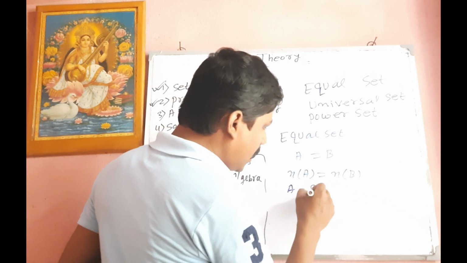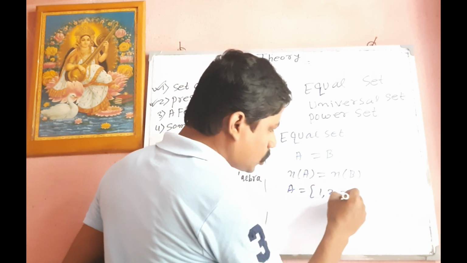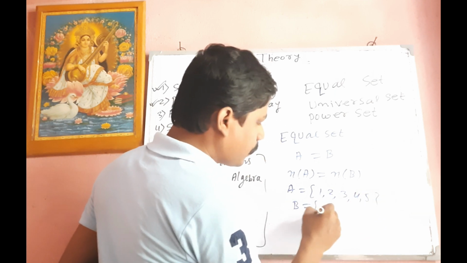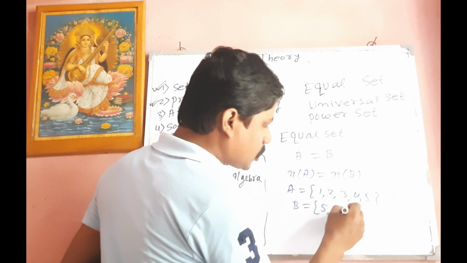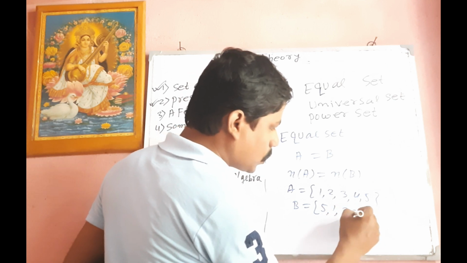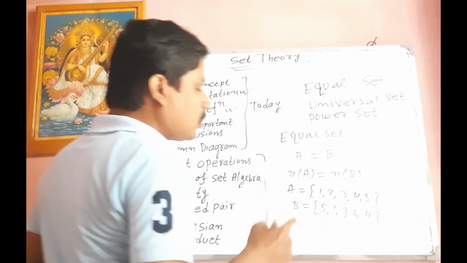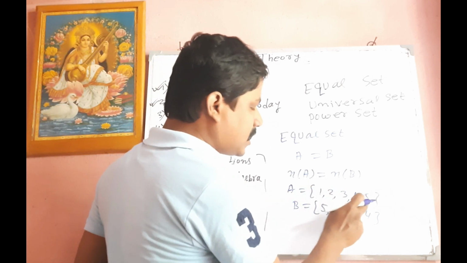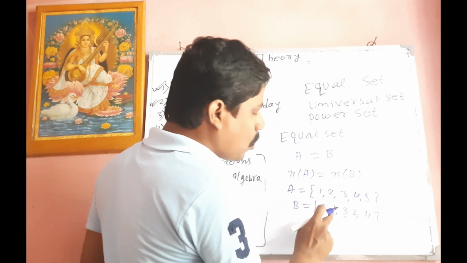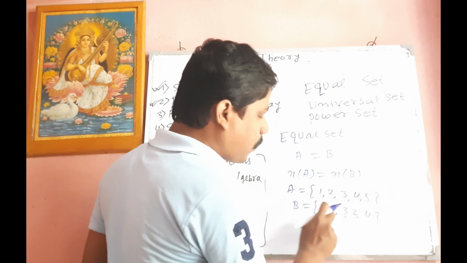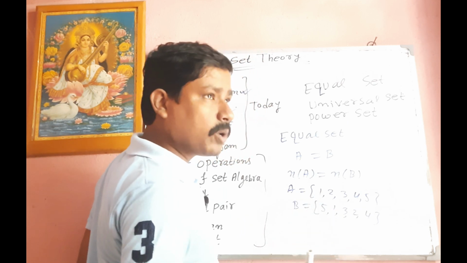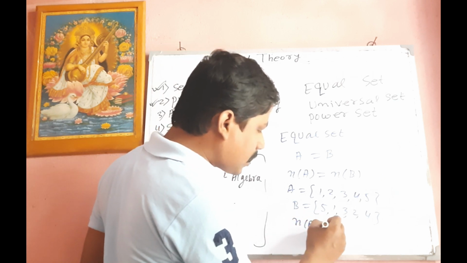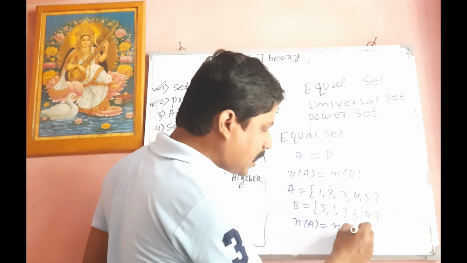Suppose A is 1, 2, 3, 4, 5 and B is 5, 1, 3, 2, 4. In both cases, the elements 1, 2, 3, 4, 5 are there, but not in the same order. And the cardinality number of A and of B is the same.